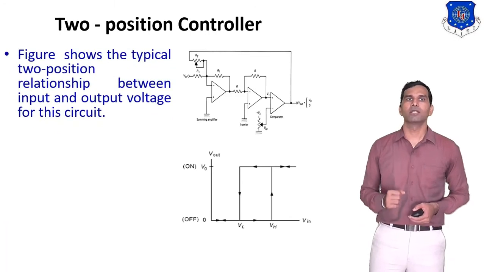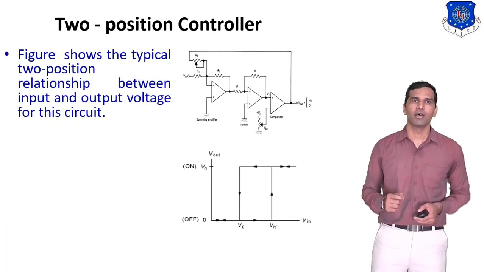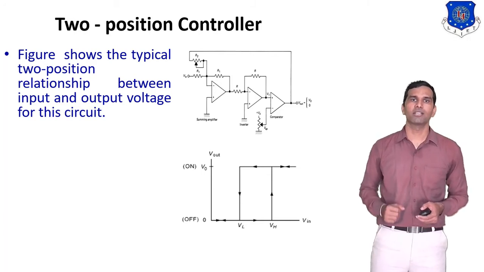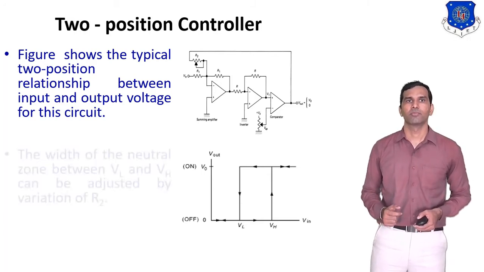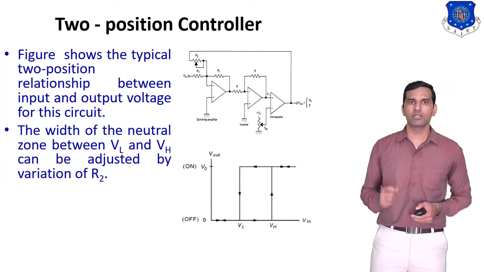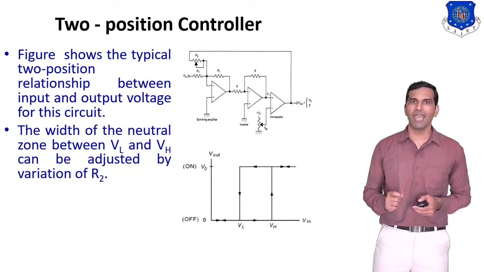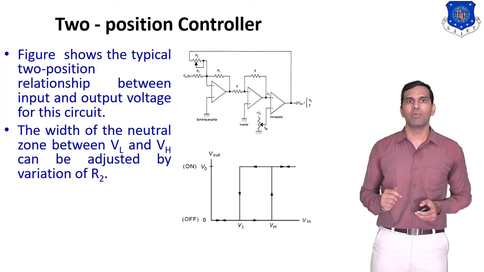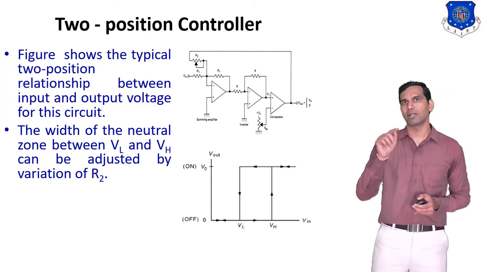The figure shows the typical two-position relationship between input and output voltage for this circuit. The width of the neutral zone between VL and VH can be adjusted by variation of R2.